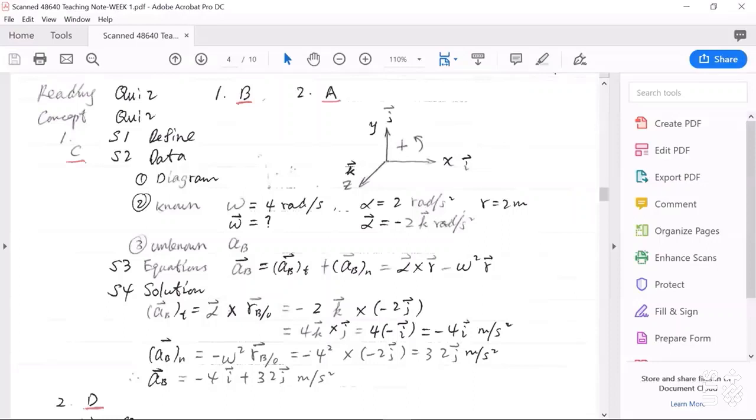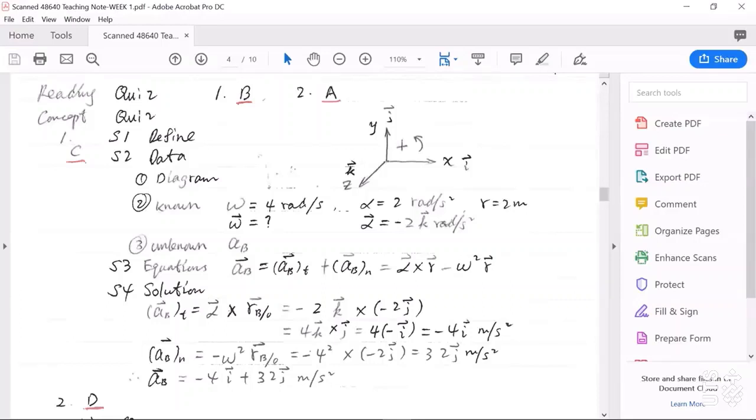The radius of this disk is 2 meters. Okay, the target here is AB, the acceleration of point B on this disk.